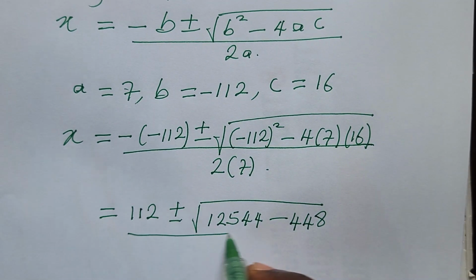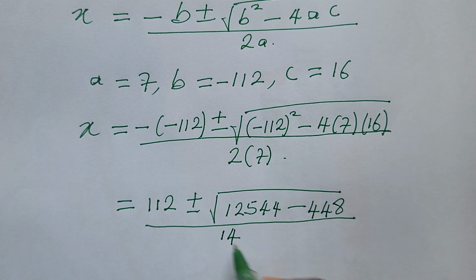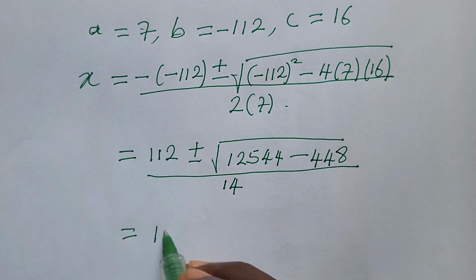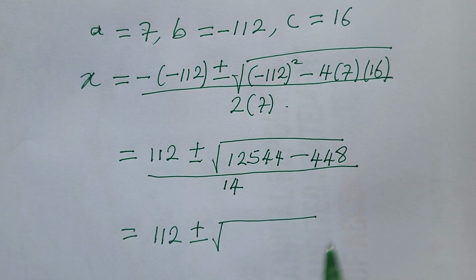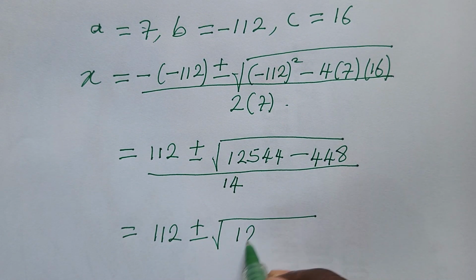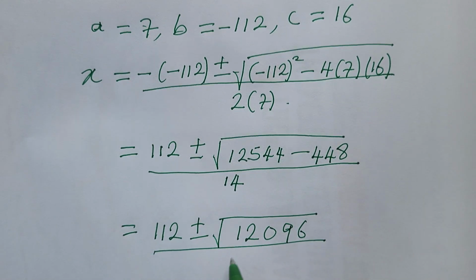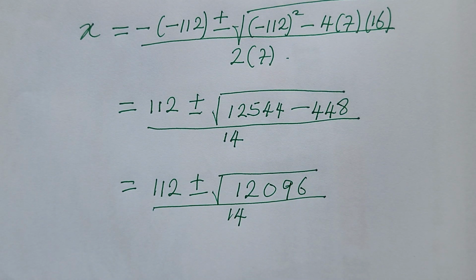Okay, everything all over 2 times 7 will give us 14. Okay, so we're almost there. 112 plus minus, if we subtract this from this will give us 12096 all over 14. Ah, this is a huge number.